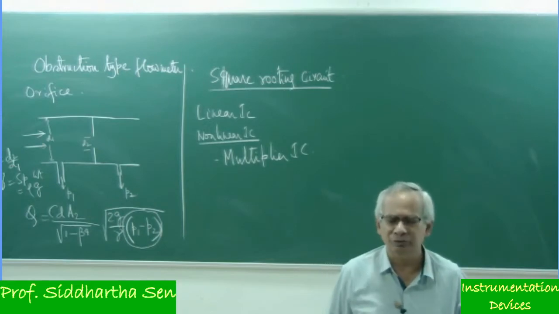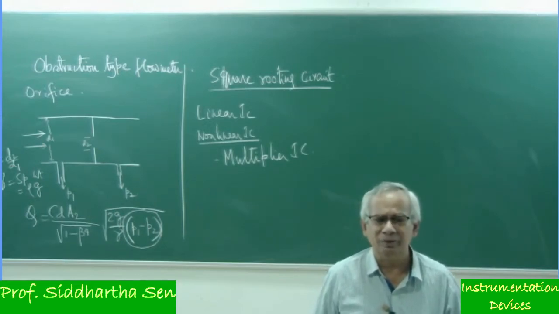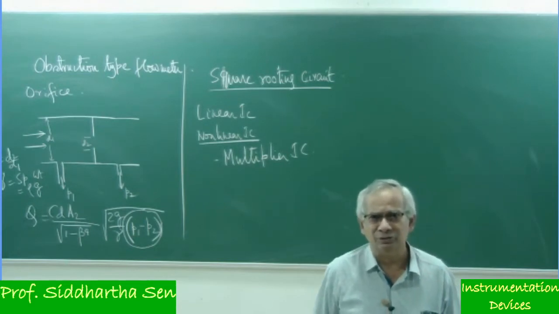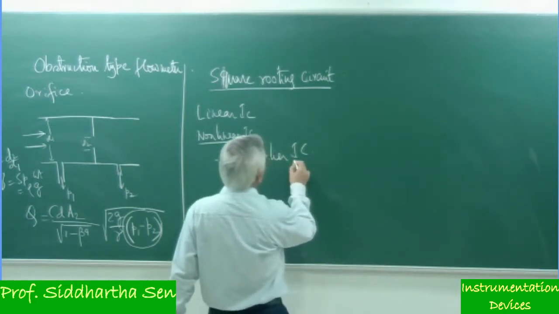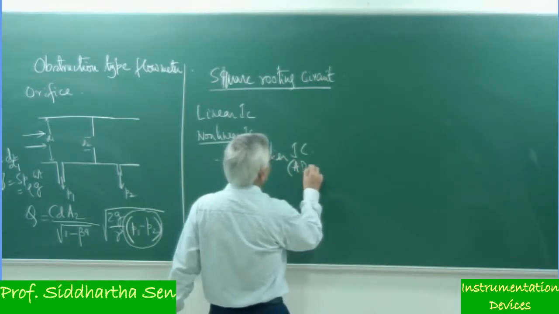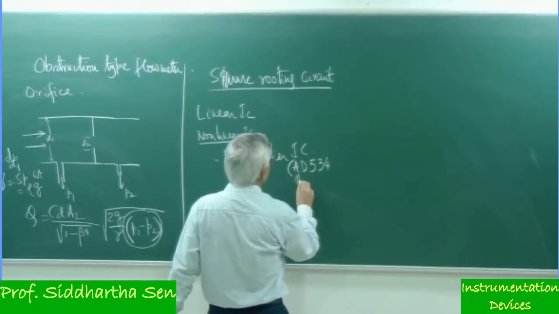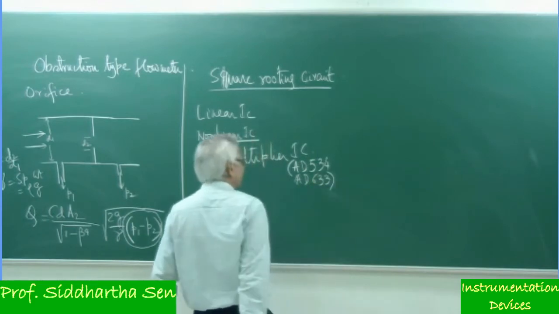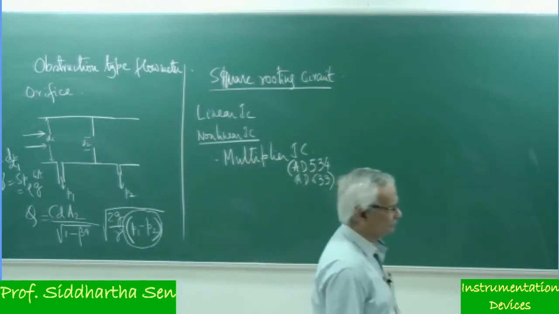But if we need to multiply two signals, this multiplier IC is very useful. Several ICs are available, AD534, AD633, like this, from Analog Devices, but there are others also.